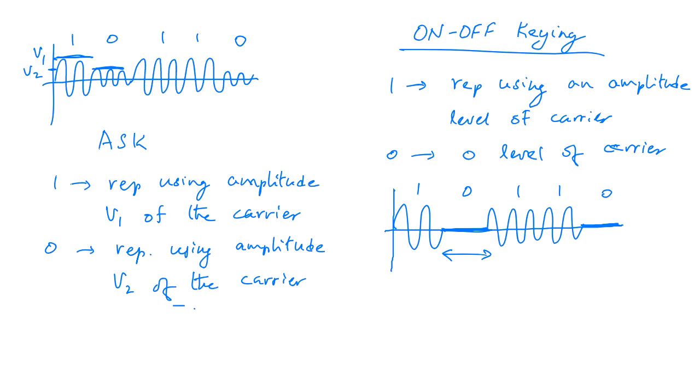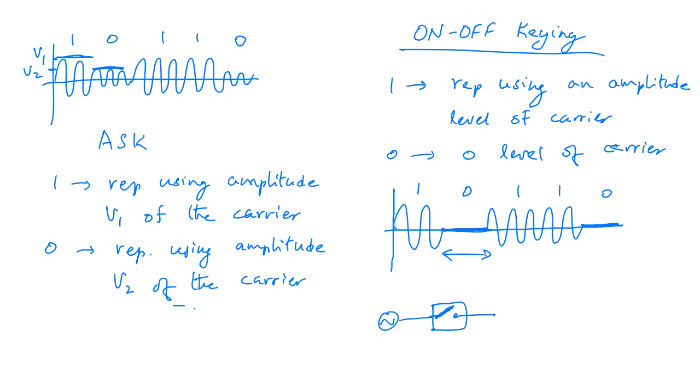So basically, to implement this, you'll just need an oscillator that produces the carrier signal, and the oscillator, for example, is connected to a switch. Okay, that's a switch. So that switch will be closed, right?